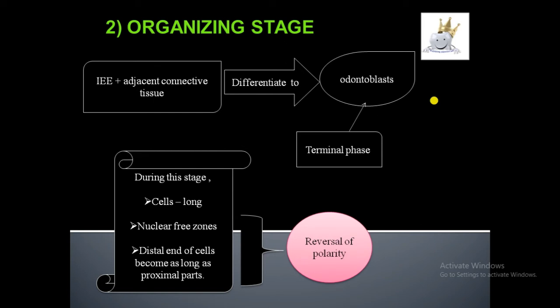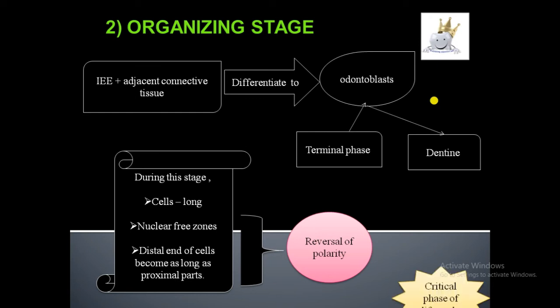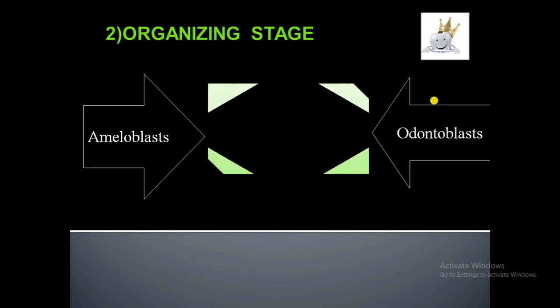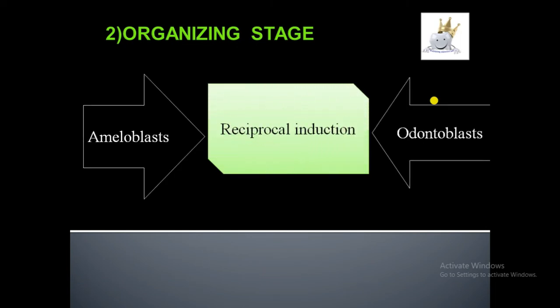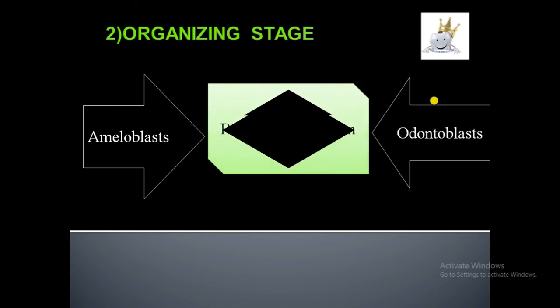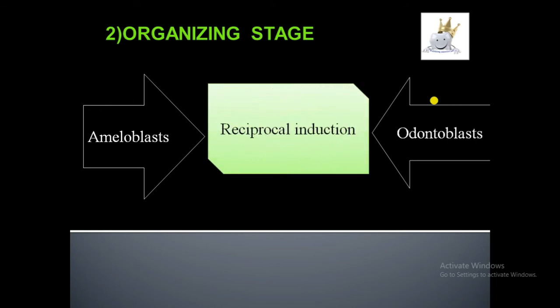During the terminal phase of the organizing stage, the odontoblast forms the dentine, which is the critical phase in the life cycle of ameloblast. The interdependence between the ameloblast and the odontoblast is called the reciprocal induction.